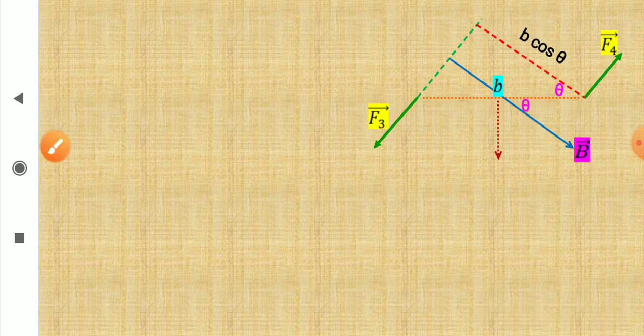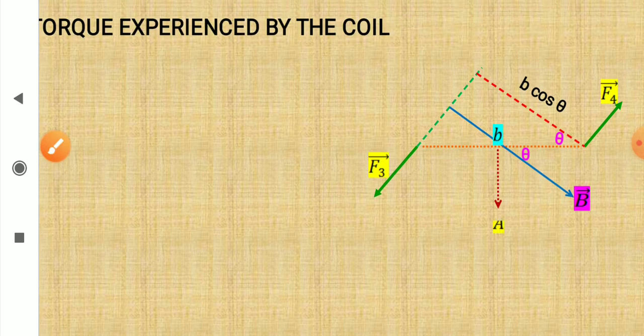Now we need to define one more vector here. This vector is normal to the plane of the coil, as I have shown you here. It is the area vector, and you are familiar with the area vector.